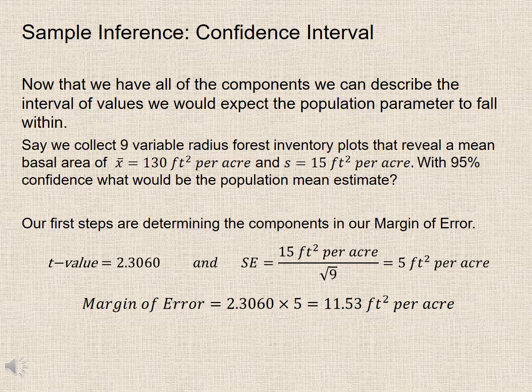The standard error is equal to the sample standard deviation, 15 square feet per acre, divided by the square root of the sample size. Our sample size here was 9. Our standard error therefore equals 5 square feet per acre. Multiplying these together gives us a margin of error equal to 11.53 square feet per acre.